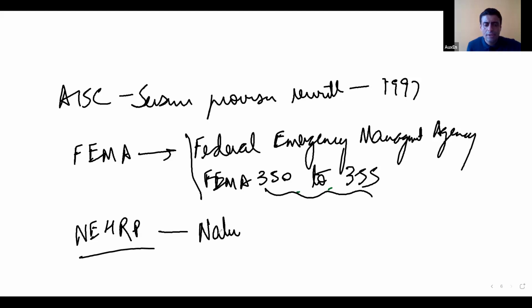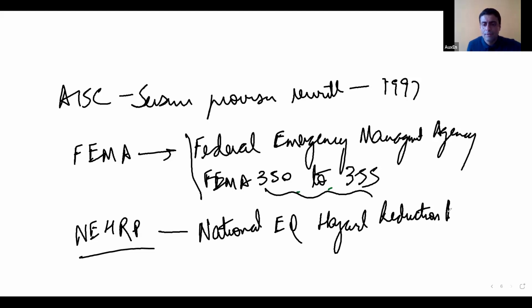So NEHRP is the National, meaning American national, Earthquake Hazard Reduction Program. Of course, they deal with all types of structures, whether it is RCC or steel, but their documents are worth reading.